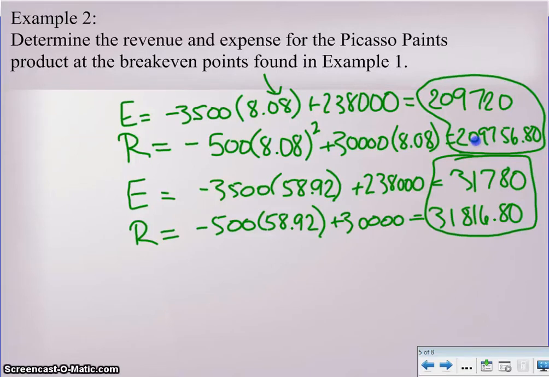We think of 8 cents. We don't think of 8.45 cents. If we had gone out further in our decimals, like 8.084523, whatever the number would have been, it would have yielded us closer values here. And if we had done it exact, they should be exact.